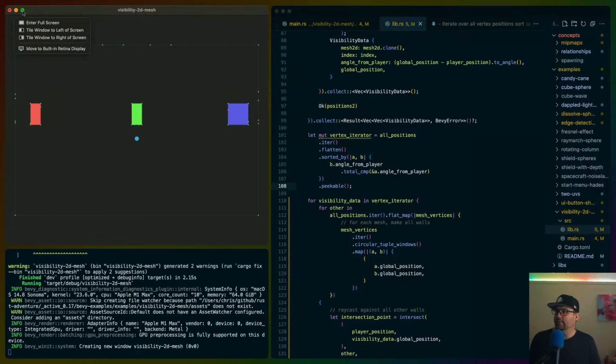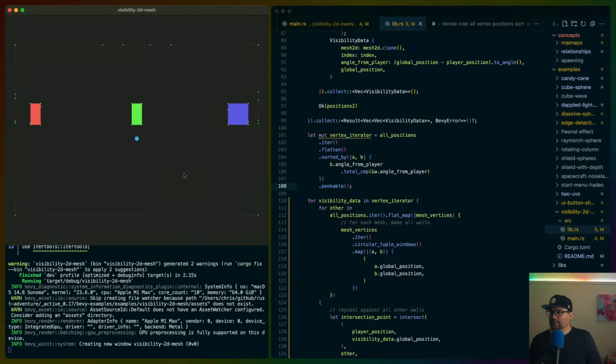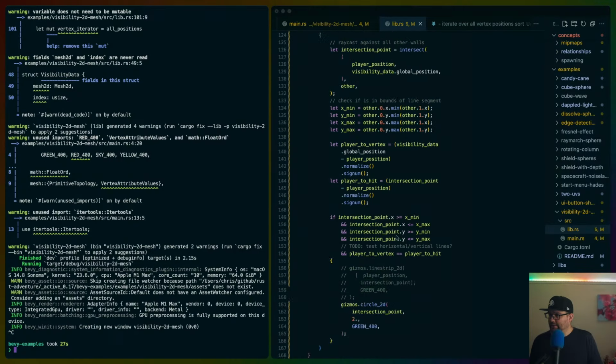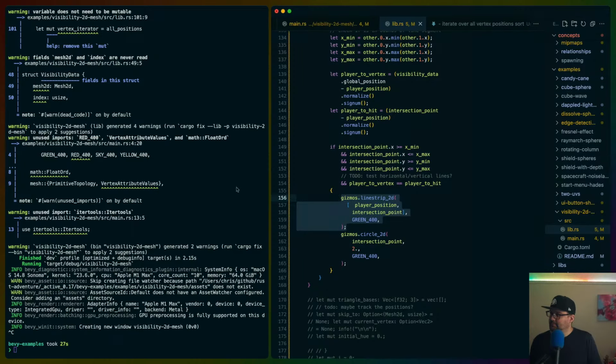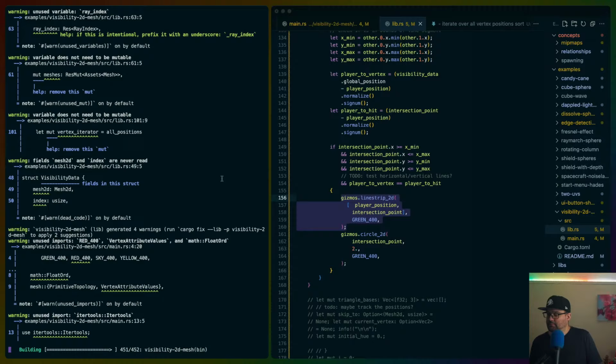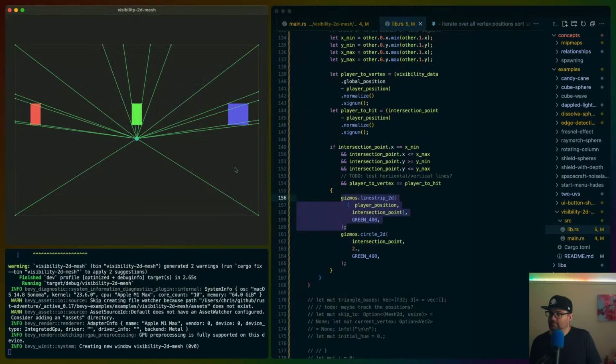So we have little dots on all of these places, and this is giving us all of the intersections. I believe that this line right here, for example, is this vertex going through the wall, which is cool. Can I draw the lines again? There we go. Those are the right lines, right?